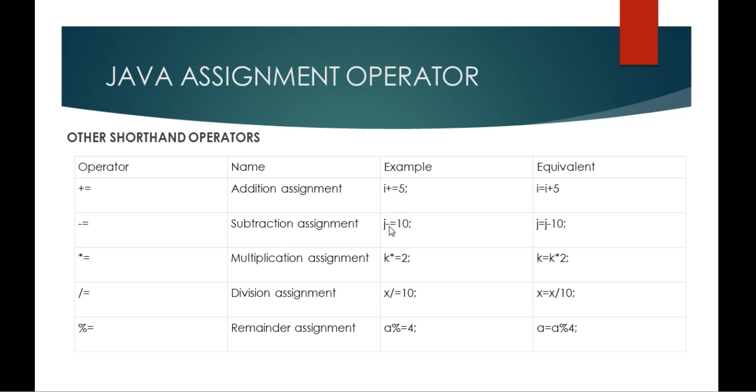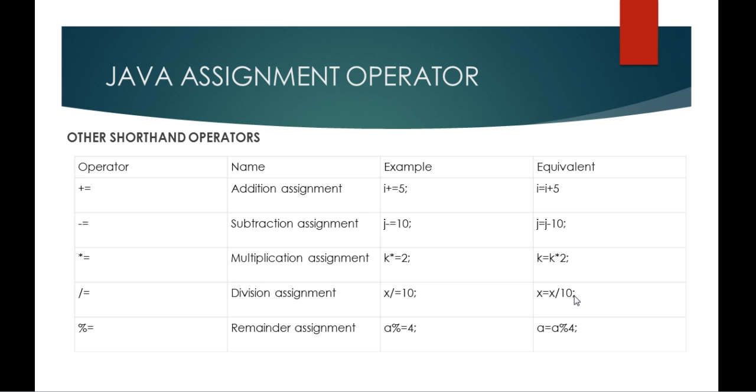The subtract, j -= 10, or j = j - 10. Multiplication, k = k * 2. Division, we have also x divided by 10, and then the remainder. So, ang remainder po natin is whatever kung ano yung sobra.